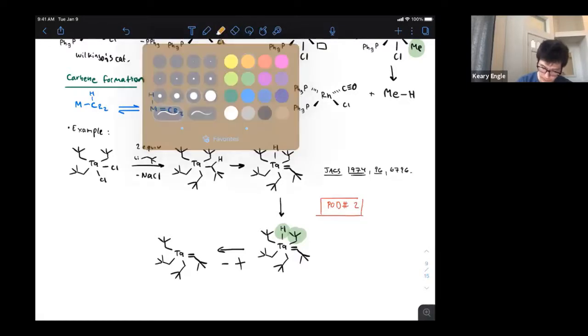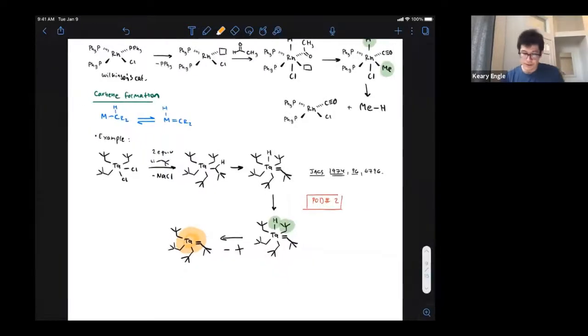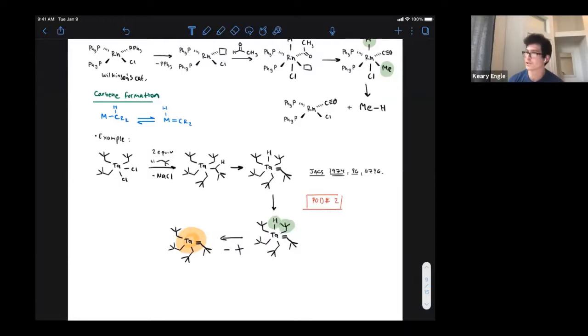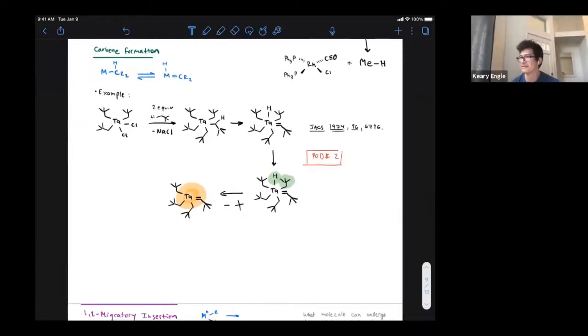And this, by all accounts, but I've never made it myself, is a beautiful orange solid. So congratulations, Brendan. You've just finished the first ever synthesis of a Schrock carbene, and you'd be well set for a Nobel Prize if it was the 1970s. Too bad it's already known. This is the route that was taken to the first Schrock-type alkylidene, by Schrock himself, I think when he was working in industry, if I'm not mistaken.